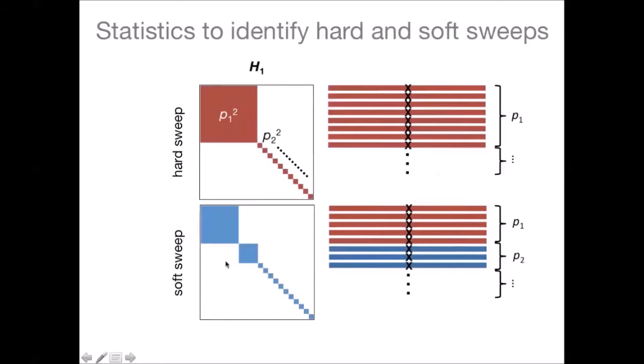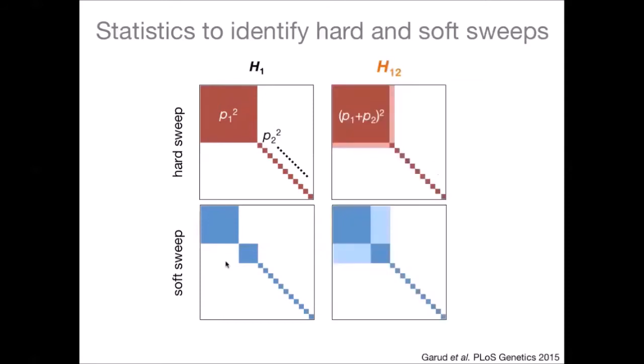Yet we wanted to have a statistic that could detect both with more equal power. And so that brings us to the statistic we developed called H12, where we combined the first and the second most common haplotype into a single haplotype, and then we took the square. And what this does is for a hard sweep, it only augments homozygosity just a little bit, but for a soft sweep, it actually adds a lot.